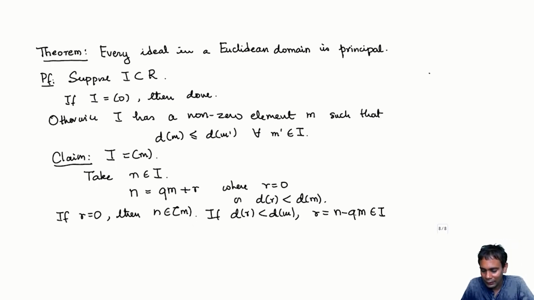Because n is in I and m is in I, so qm is in I, and so minus qm is also in I, because I is an additive subgroup, and so n minus qm is also in I. But then d(r) is strictly less than d(m), which is a contradiction. So I has to be generated by any element of minimal size in it.